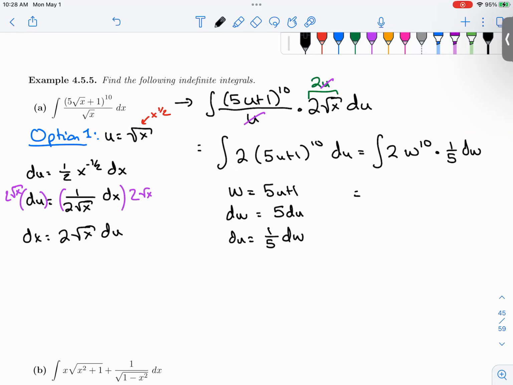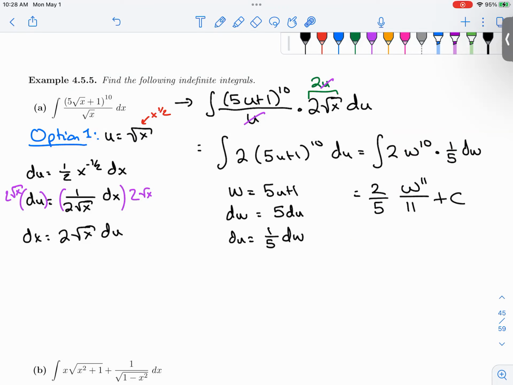So that's going to be 2/5 times w to the 11th over 11 plus constant c. I've done 2 steps here. I've combined the 2 and the 1/5 and brought it out front. The integral of w to the 10th dw would be w to the 11th over 11.